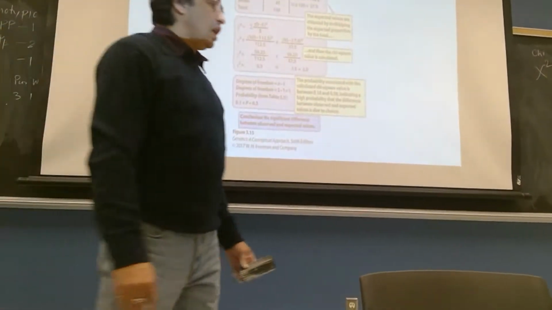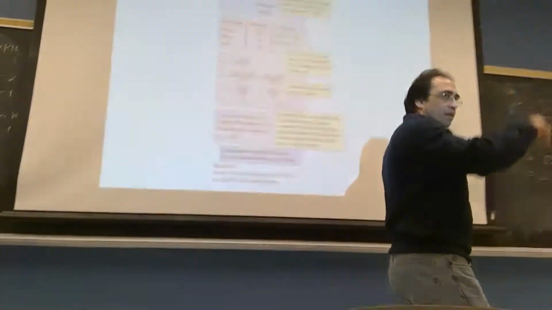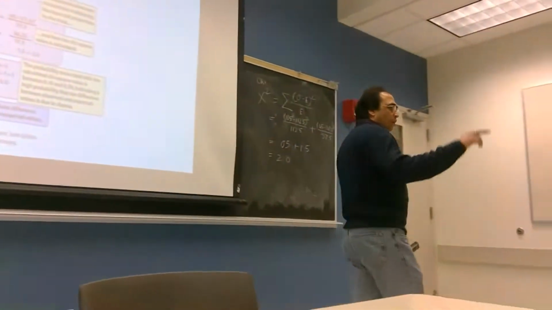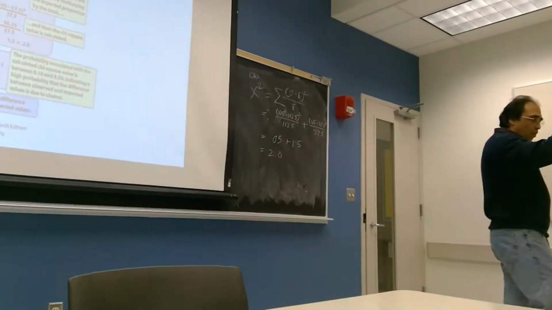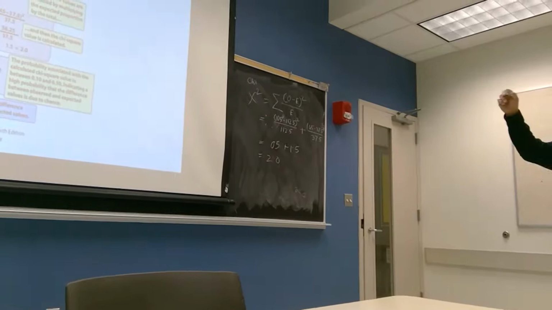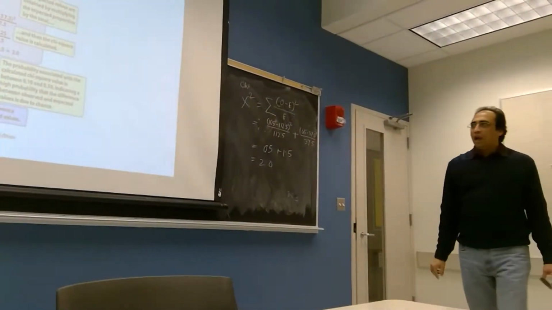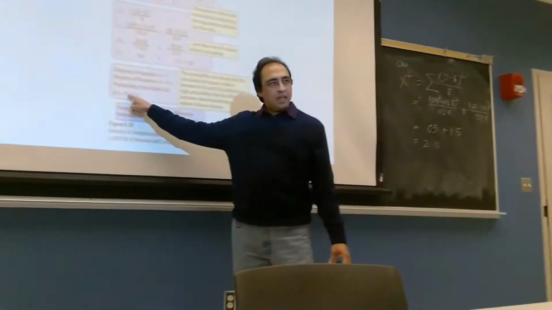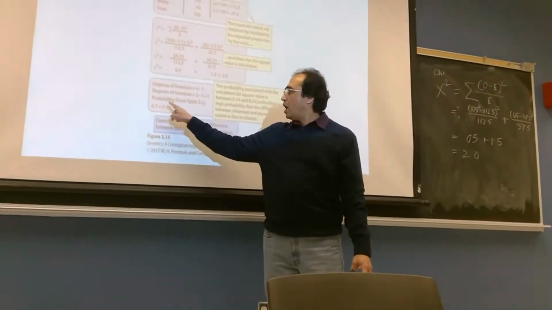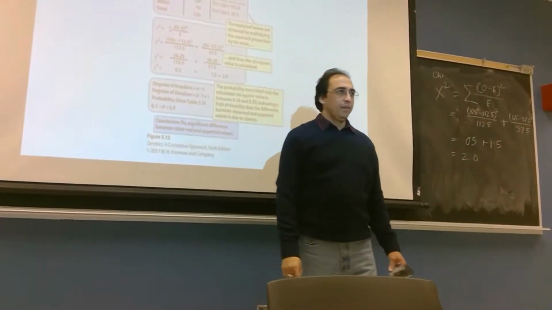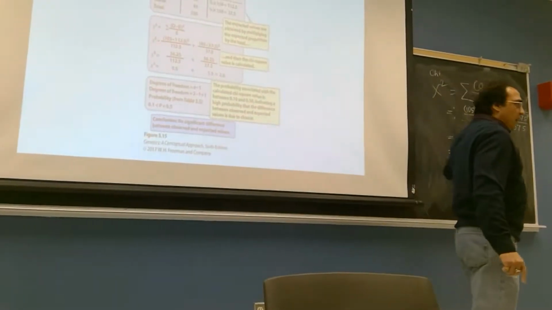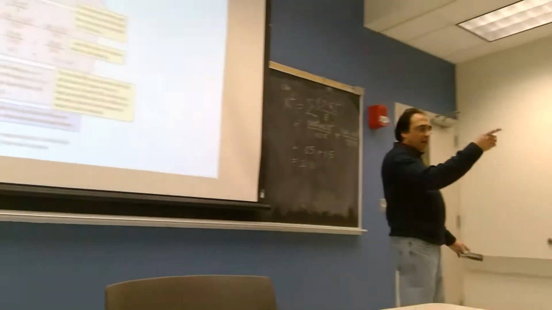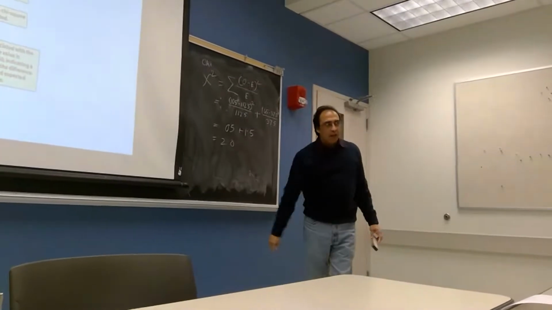And in your book, you will find a chi-square table. From that chi-square table, if you go to degrees of freedom, you will find all the probabilities. According to the probability, we find the probability is between 0.1 and 0.5. So according to degrees of freedom 1, if you have the book, you can open that one.